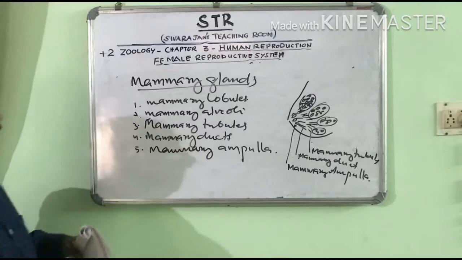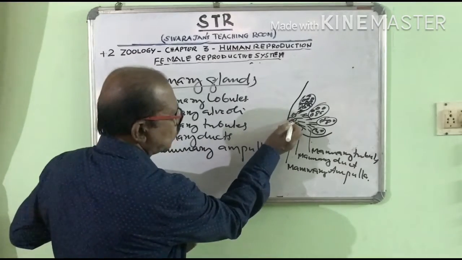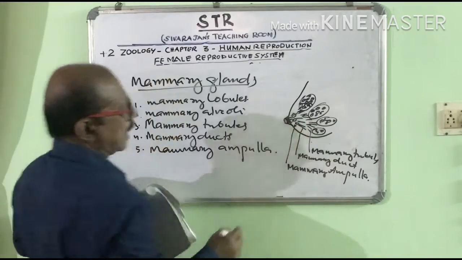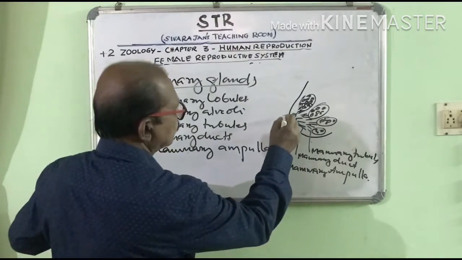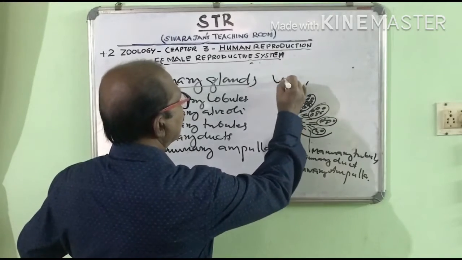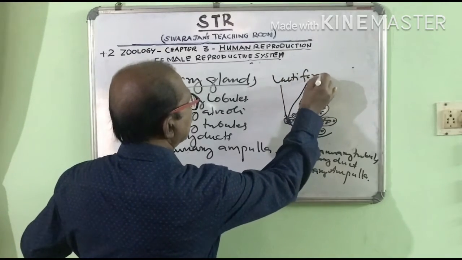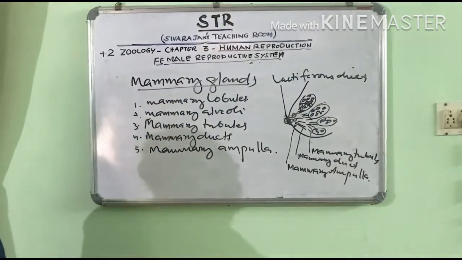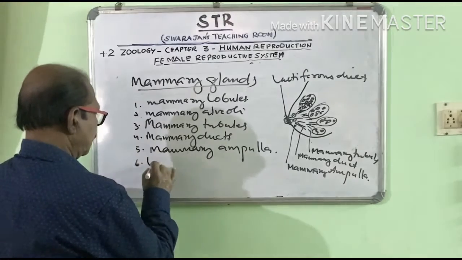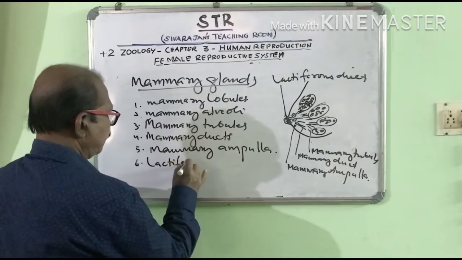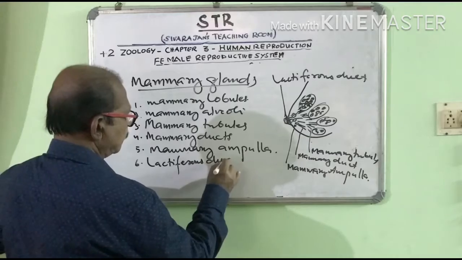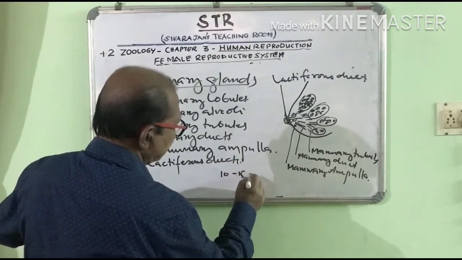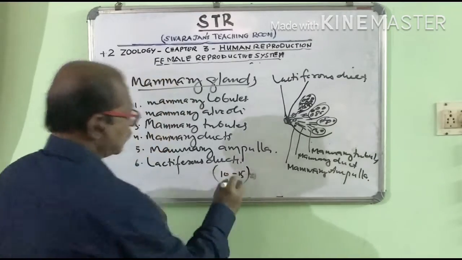And the mammary ampulla joins with lactiferous ducts. There will be 10 to 15 lactiferous ducts.